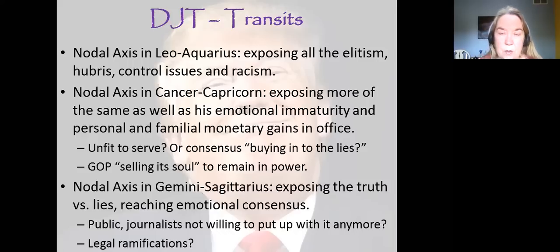Any of you who followed the Mueller report, that guy was one smart cookie moving things out to the states to handle on a financial basis, investigating, because you can't pardon yourself with state things when you're guilty on that state level. And of course, we still have that nodal axis in Gemini-Sag to come up. More on that in the future as we move through that.